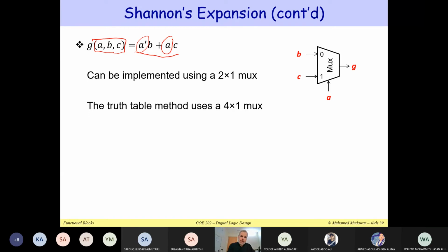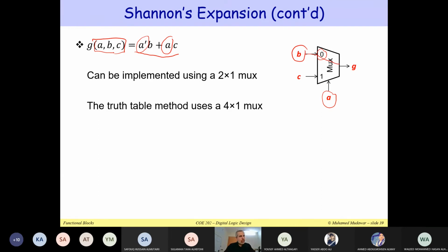I can use a as my select input. When a equals 0, we select input 0, so we connect b to input 0, and g becomes b.